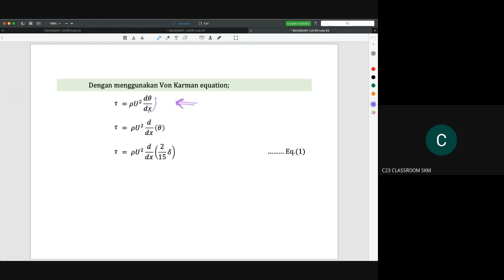This style of writing may confuse you a little bit, so it is okay to change the way the equation is written into tau equal rho U square d over dx of theta. Then you substitute the value of theta here, which is 2 over 15 delta.